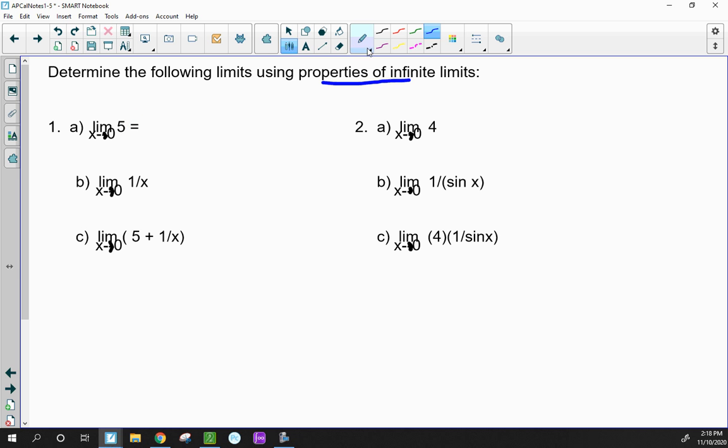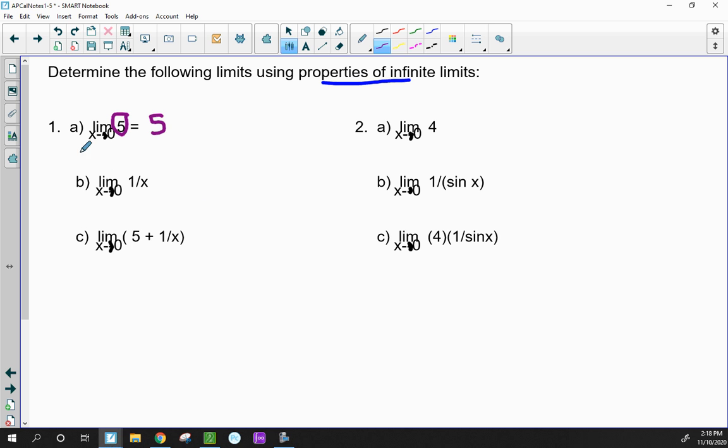So again, I need you to picture this as y equals 5 in your head. If it's y equals 5, then the graph is going to be a flat horizontal line. And when x is approaching 0 on both sides, because it's a two-sided limit, then the height of that line is still going to be 5. That's a good way to see it in your head.